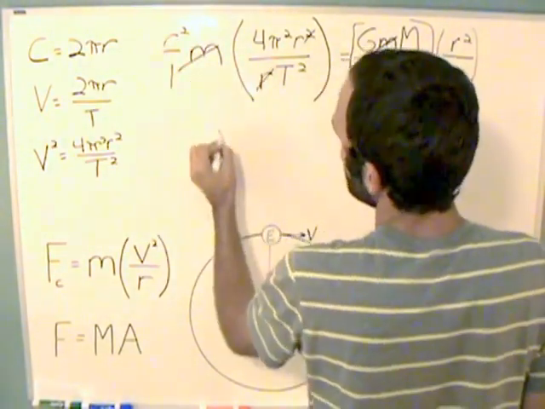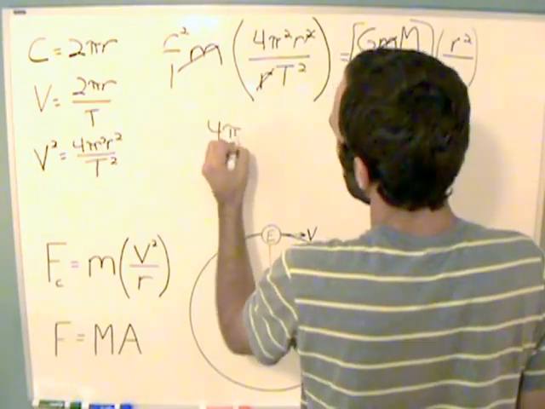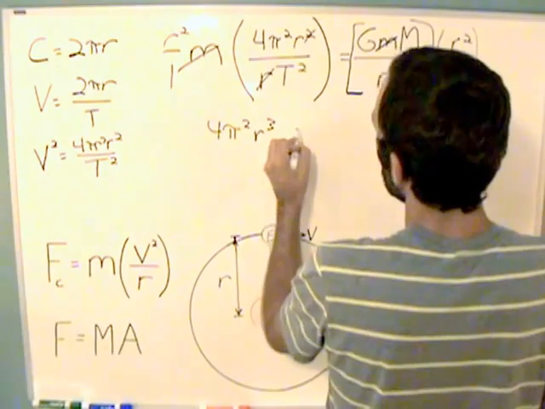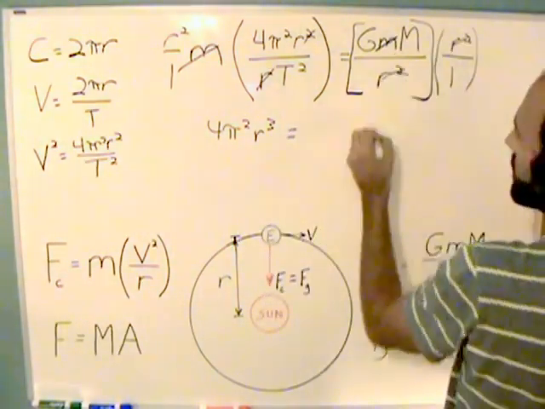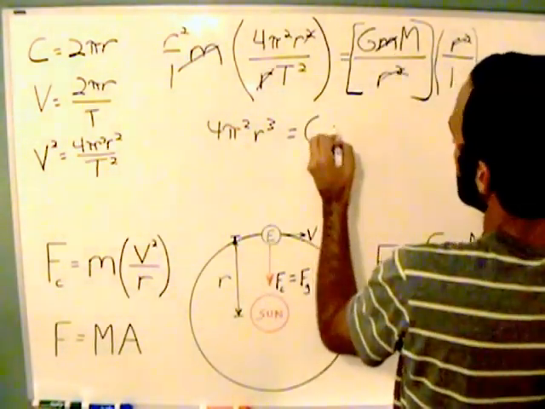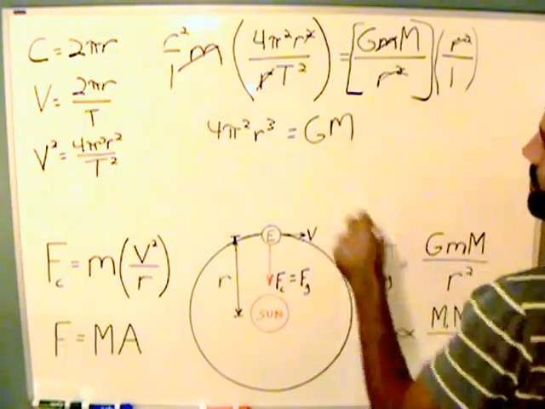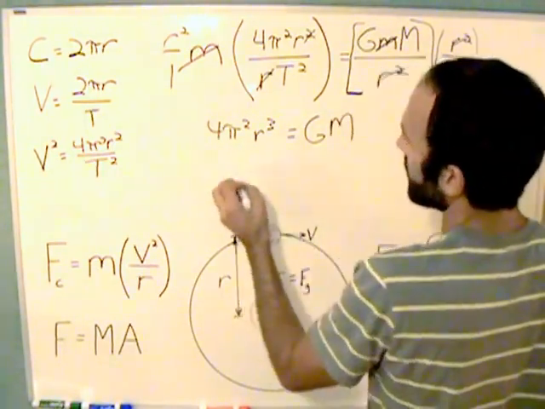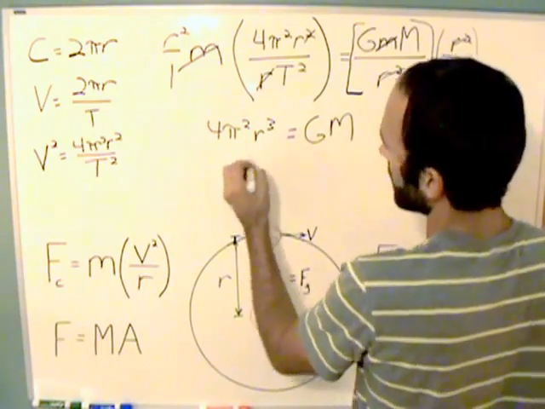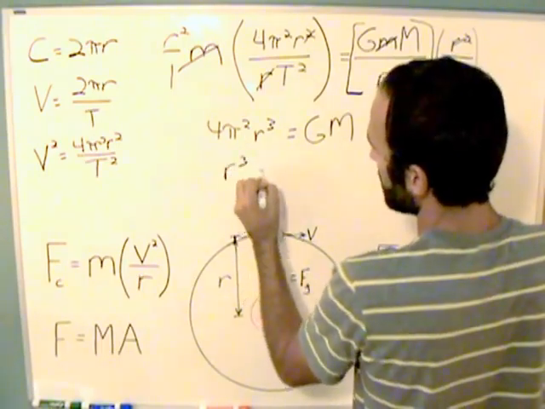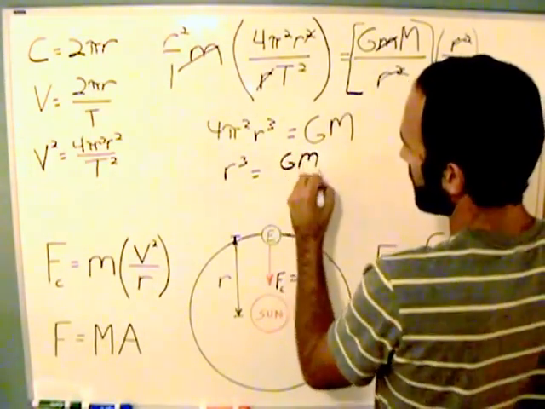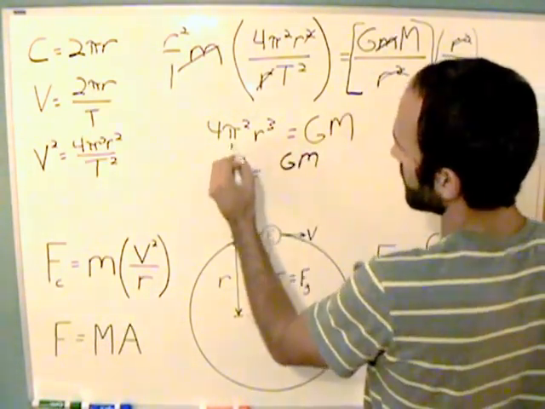That gives us 4 pi squared r cubed equals, cancels on this side, G times big M. And then we want to get r by itself over here, so we just divide by 4 pi squared. I'm not going to actually show the steps, but we'll just say r cubed equals G M, nope, I missed T cubed. And let me just write this out.